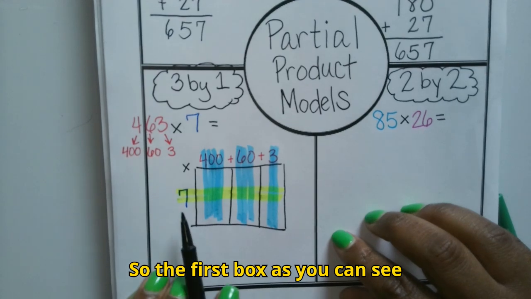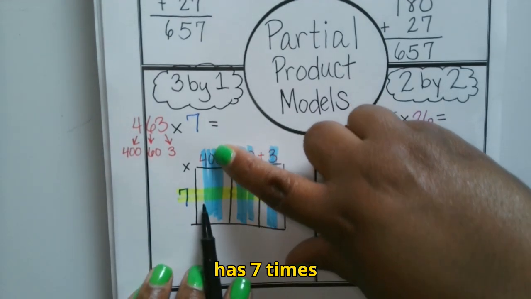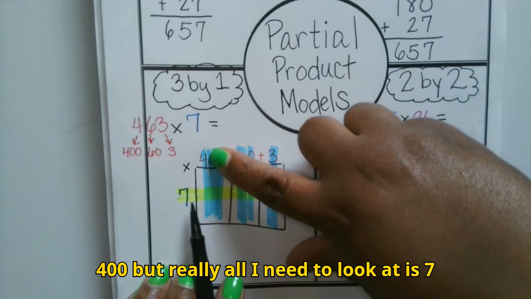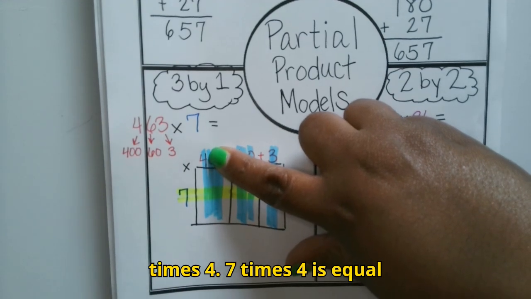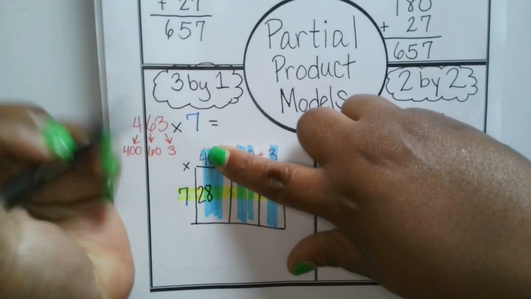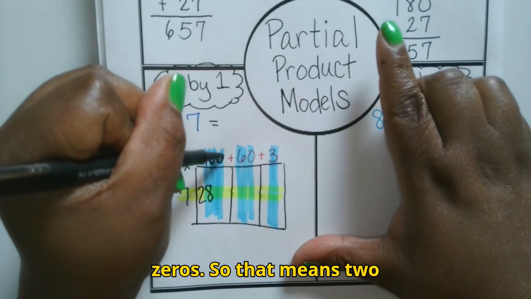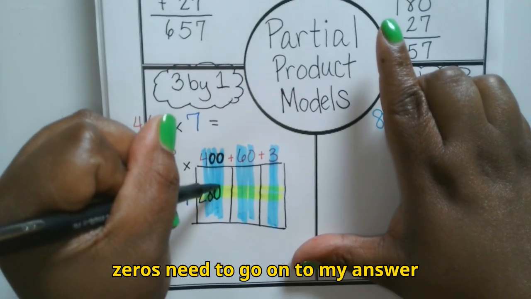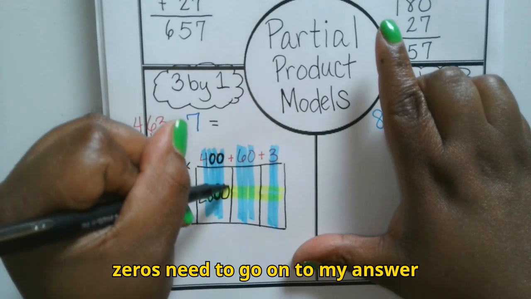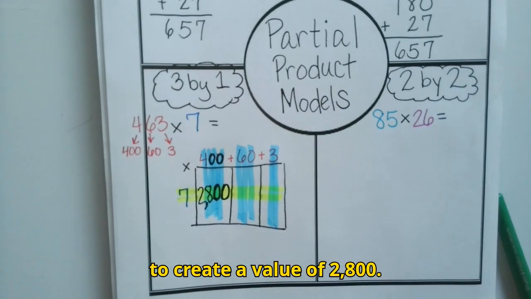So the first box, as you can see, has 7 times 400, but really all I need to look at is 7 times 4. 7 times 4 is equal to 28. And I do see that the 400 has 2 zeros. So that means 2 zeros need to go onto my answer to create a value of 2,800.